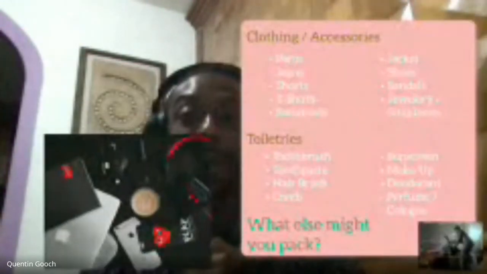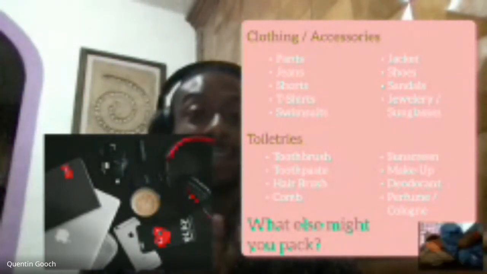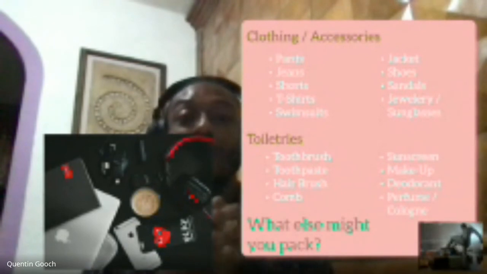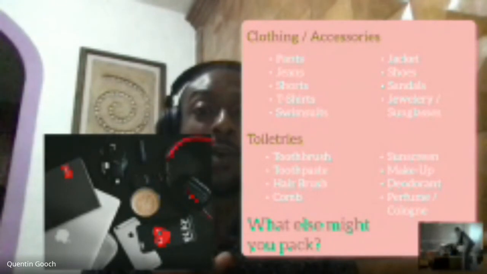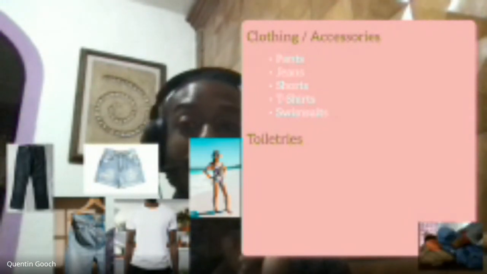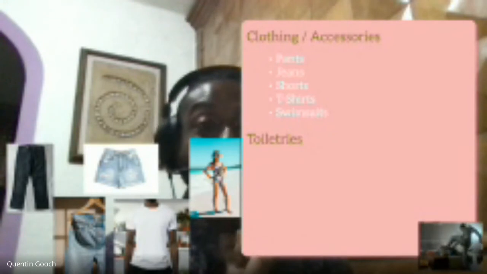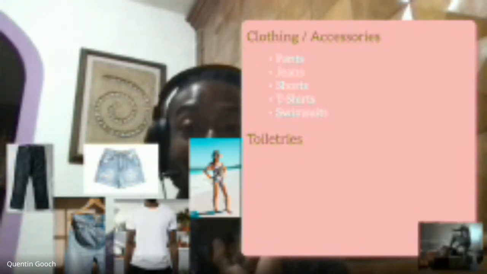Could you give them some help with the vocabulary words? Oh, sure. Yes. Let's go back to this because this will help think of things that we could take with us. We had our first group of things like our pants, shorts, swimsuit, jeans, or t-shirts.